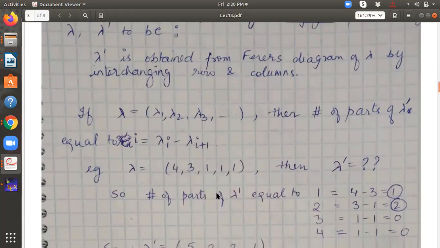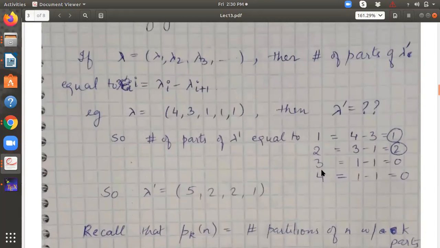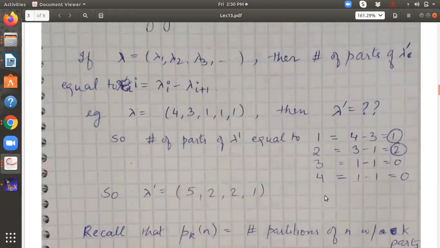The number of parts of lambda prime equal to 2 is this minus this, so there are two parts which are equal to 2. There is exactly one part which is equal to 1. There are no parts equal to 3, and no parts equal to 4. Can you have a bigger one? No, because this has been exhausted already.